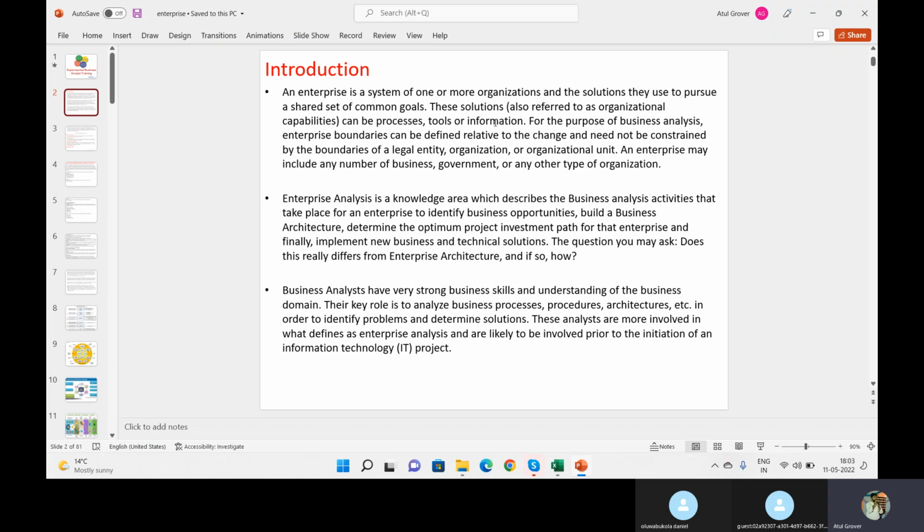Now, take an example: if you need to travel outside your country, you need a visa. For that, you go to the visa site, you apply for the visa, you go to the visa office, you do your biometrics and done. Now they are using a process and they have information and they have a tool as well.